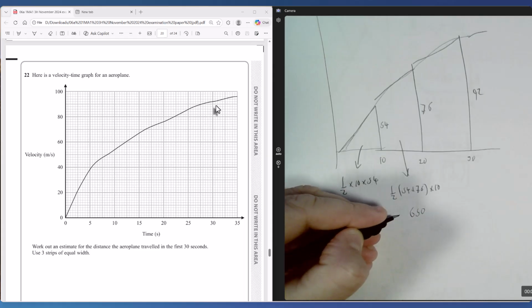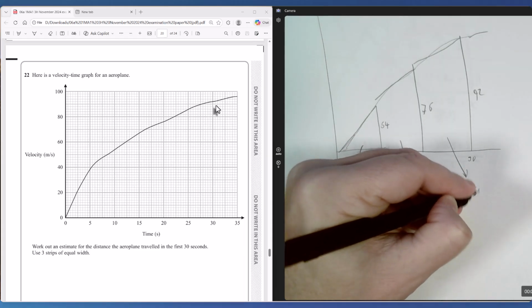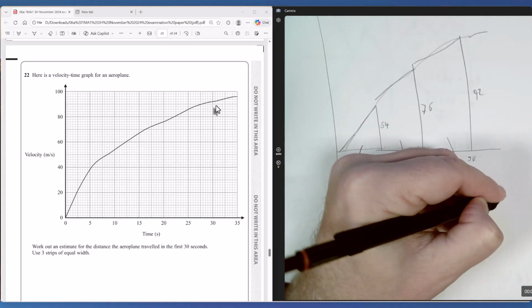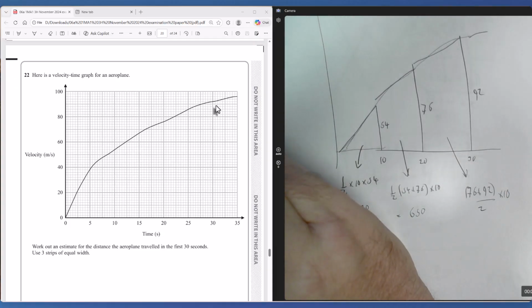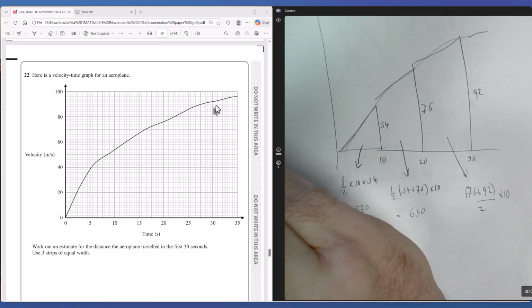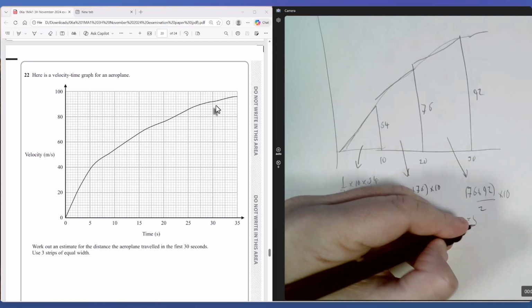And then finally, the last trapezium is going to be 76 add 92. We're going to halve that and times that by 10 to get the distance between those two. So 76 add 92 equals that, divided by 2 equals that, times by 10 is equal to 840.